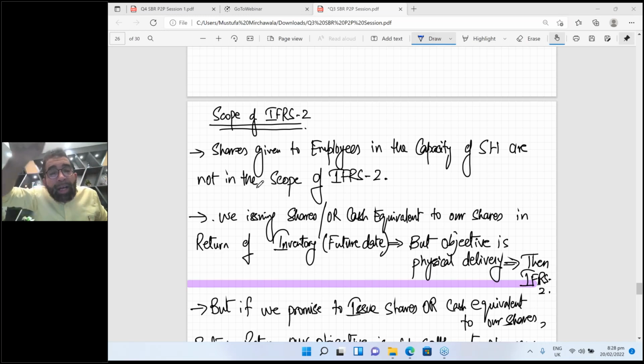So now our employee will also receive shares, but he or she will receive shares in the capacity of shareholder, not employee. So this second transaction is not in the scope of IFRS 2. Be careful.